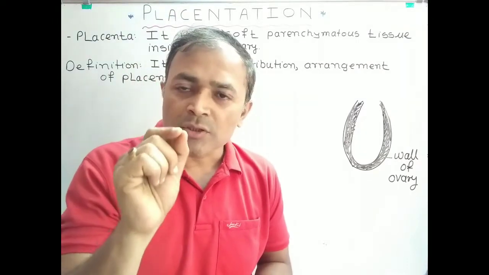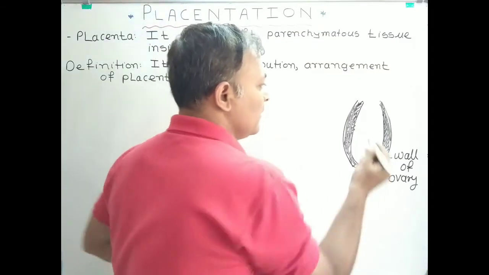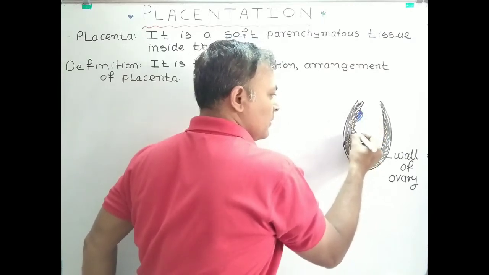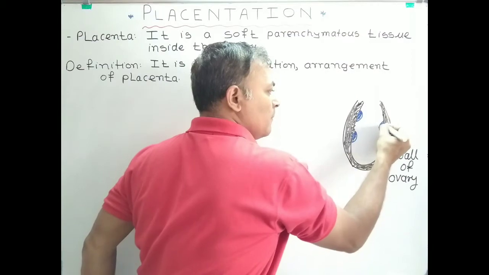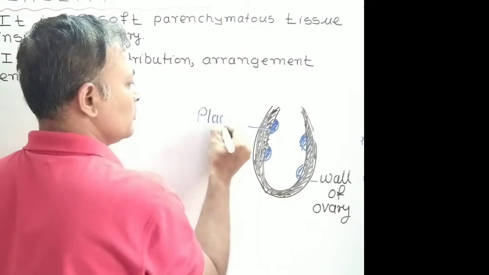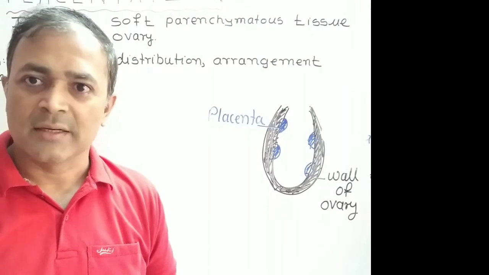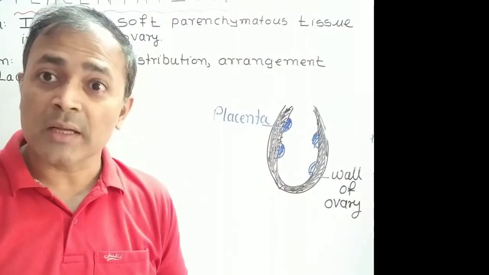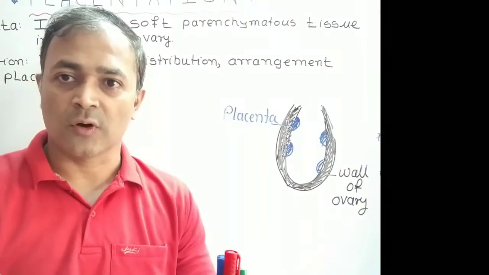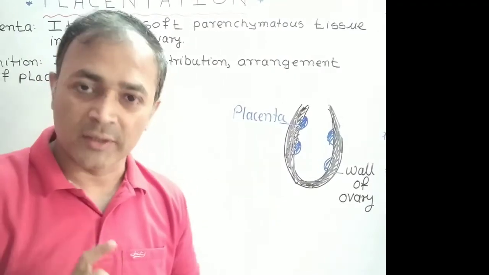A parenchymatous tissue, that means the placenta, is over here. Right? This is placenta. Okay. What is attached to the placenta? You know what is the function of placenta? Placenta is used for attachment of ovule to the wall of ovary.